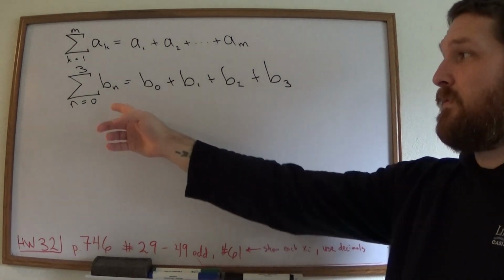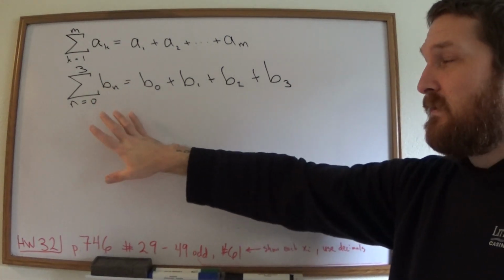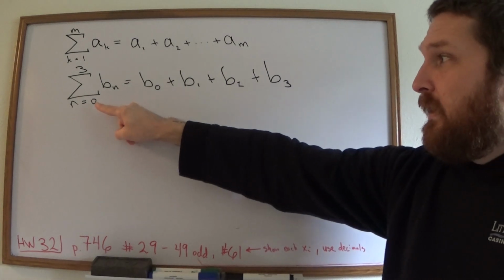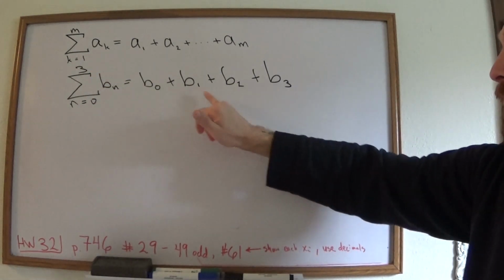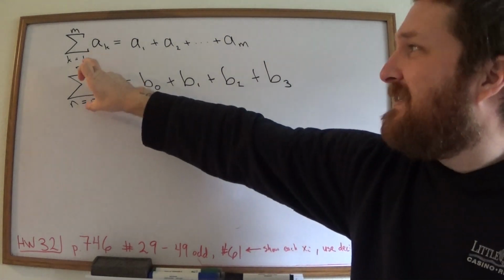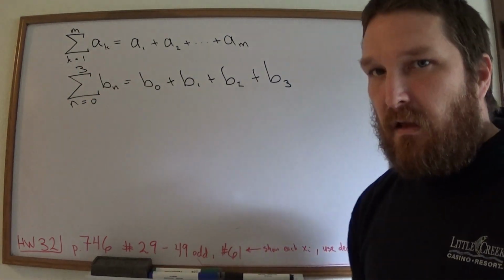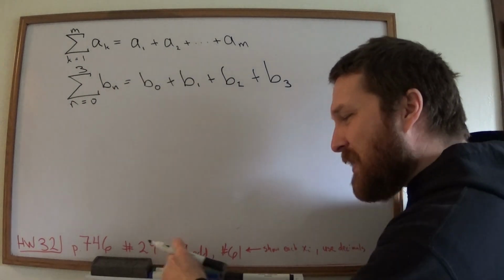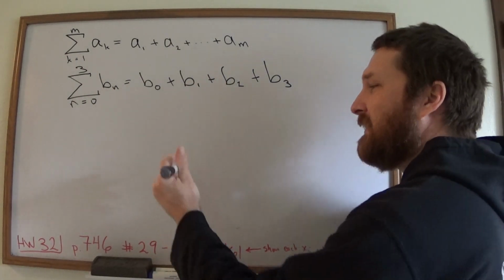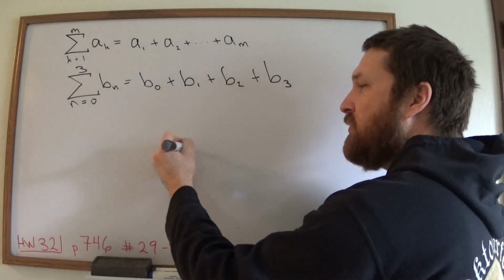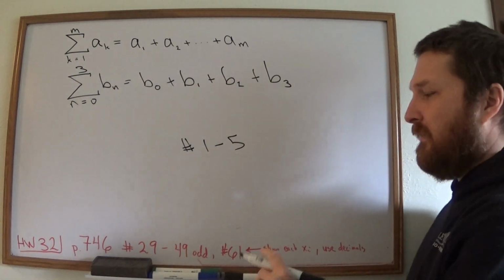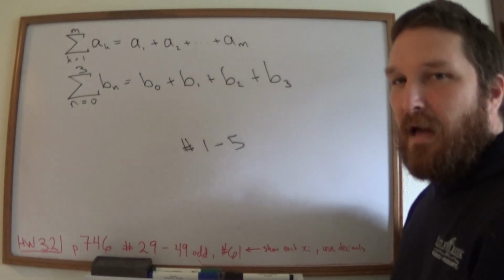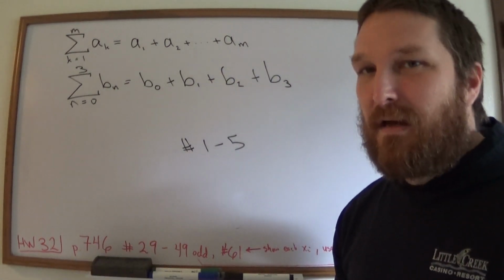So then how many terms are here? Well, that's something to notice. Since you're counting the 0 and you're counting the 3, you end up with one more than the difference between these two things. It's like when I say, do numbers 1 through 5. How many problems am I doing for homework?